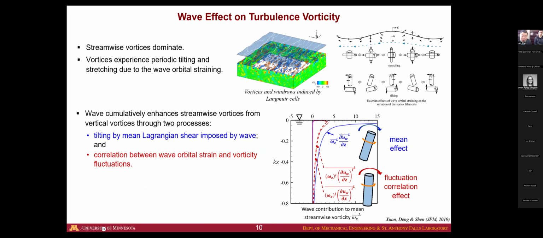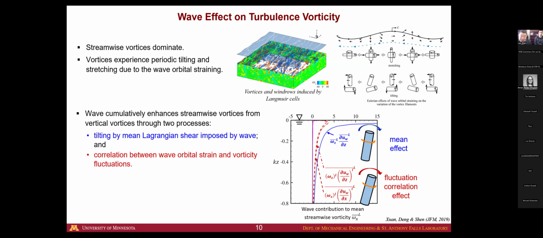This blue curve shows the physical process of the vertical vortex being turned clockwise by this mean effect. This is as expected. What is interesting and important is that at time scales comparable to the wave, or shorter than the wave period, the vorticity and velocity strain rate are correlated, just like Reynolds stress.